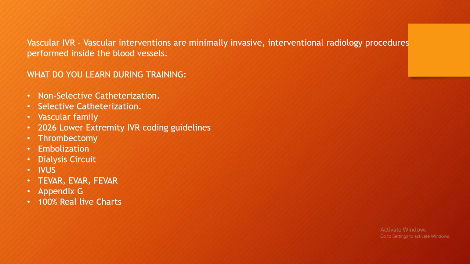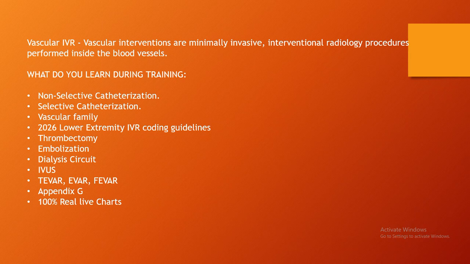Next you will learn thrombectomy scenarios. What is thrombectomy, and what are the codes we need to use for thrombectomies? Next, embolization. What is embolization and how to code it? Whether catheterization is included in the embolization or not. Those things you will learn.